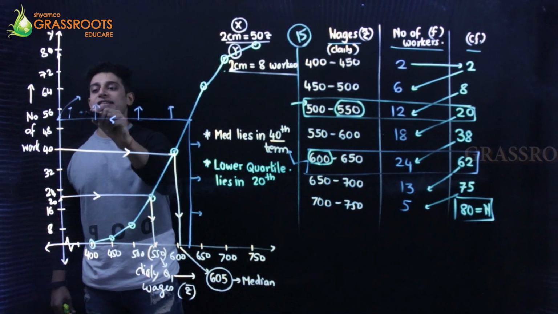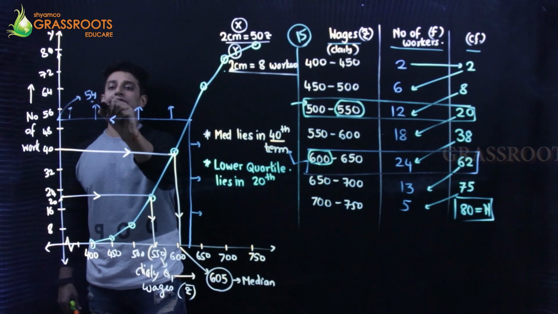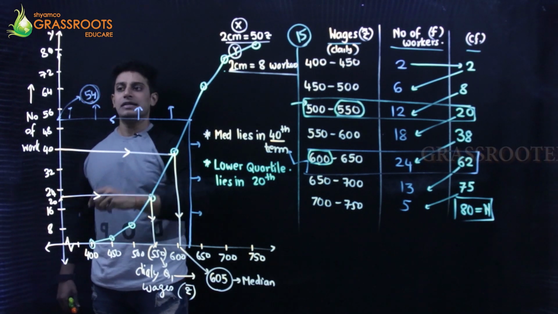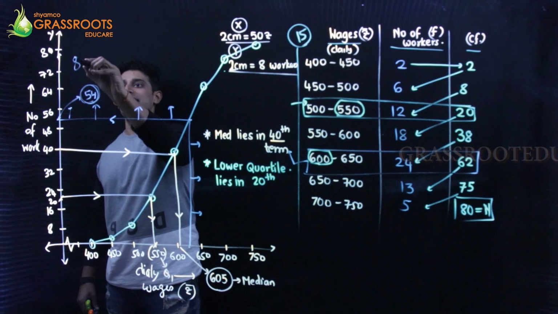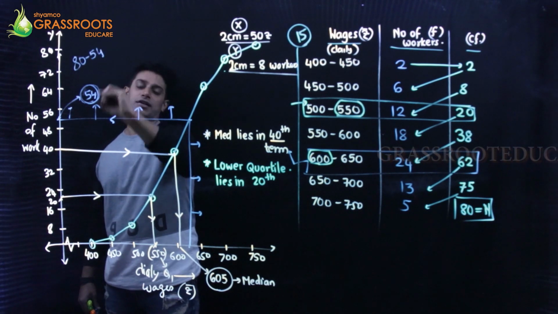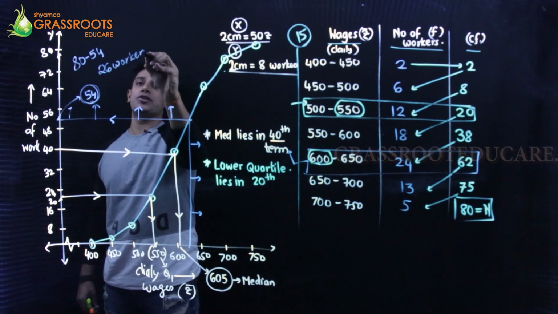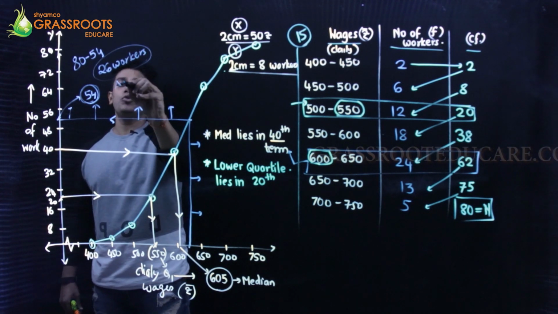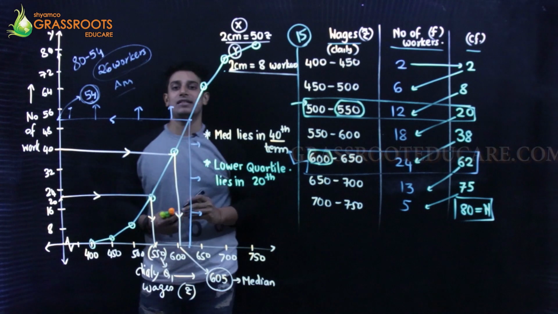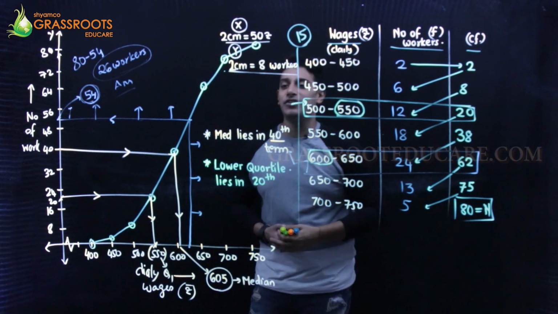Now, if you calculate, this answer comes out to be approximately 54. Above that, can I say 80 minus 54, that makes it approx 24 to 26 workers, they earn more than 625 rupees wage as daily earnings.